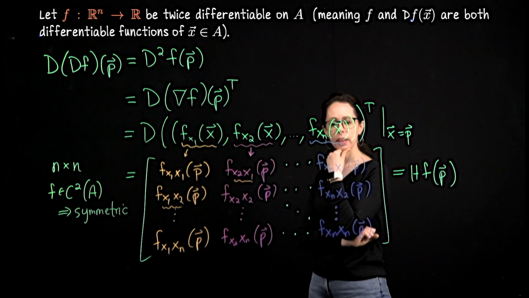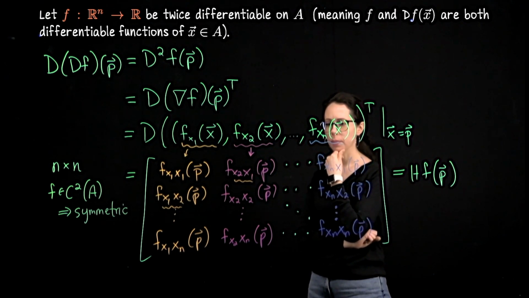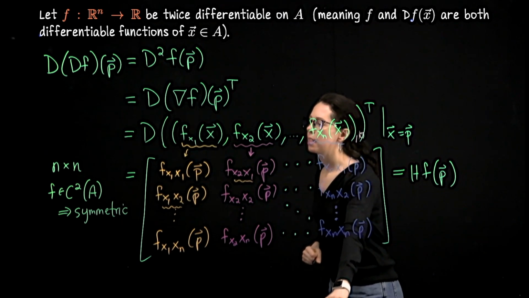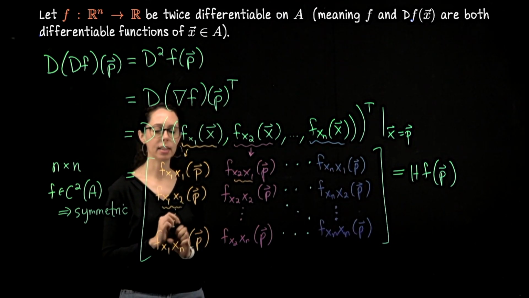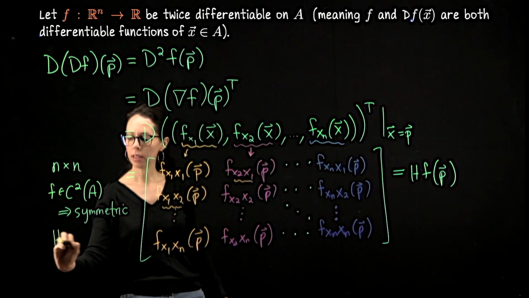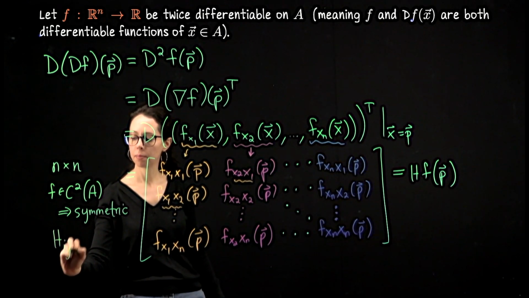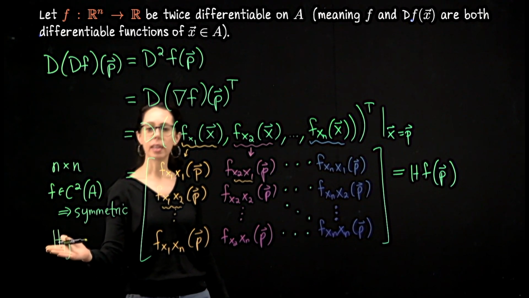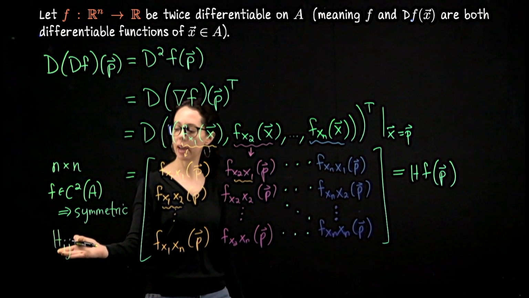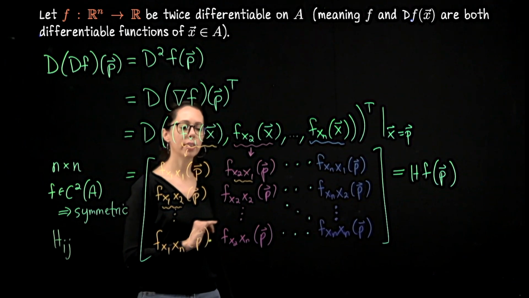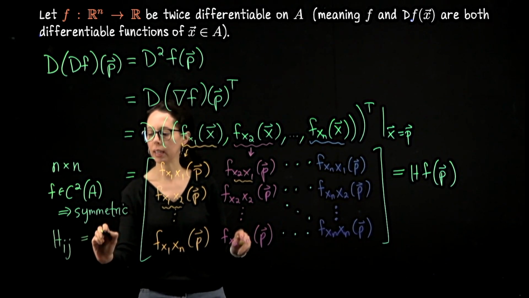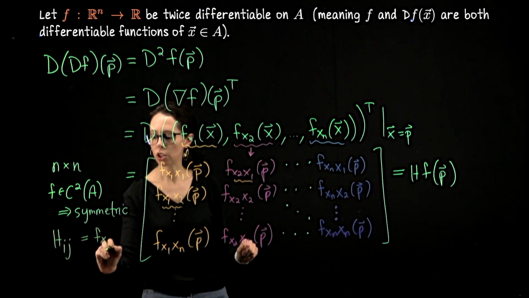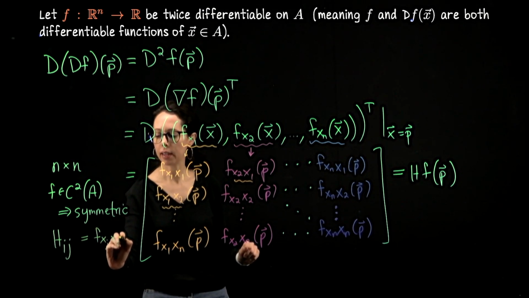Let's see. I think there's one more thing I want to say, and that is that if I ignore that symmetry and really stick to the Hessian as I've written it here, H sub ij, the entry in the ith row jth column, be careful with the order. It's actually F sub xj xi.